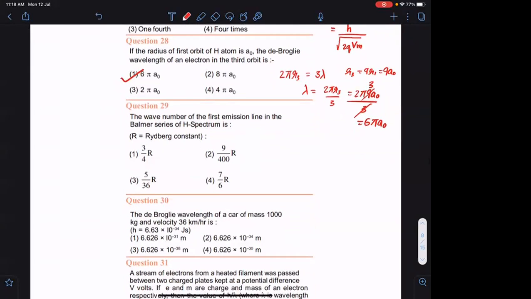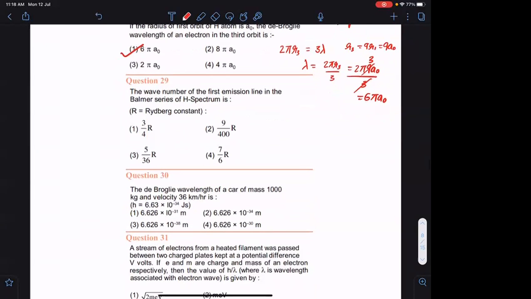Question number 29. This is also an easy question. The wave number of first emission line in the Balmer series. What is the first line? n equals to 3 to n equals to 2. This is the first line.